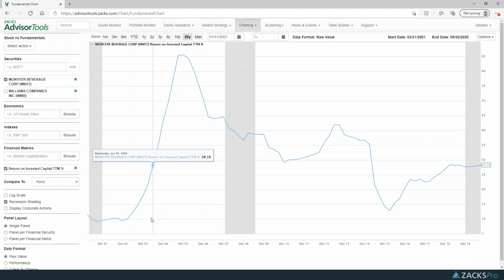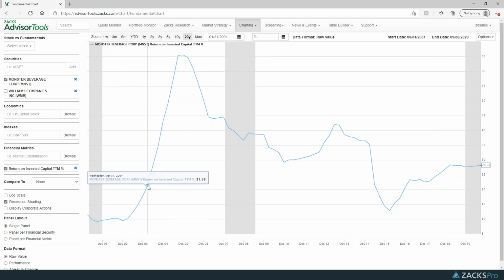Coke and Pepsi are almost 100-year-old companies. They've got tons of experience and tons of capital to do exactly what Monster has done, which is invent this category of energy drinks.